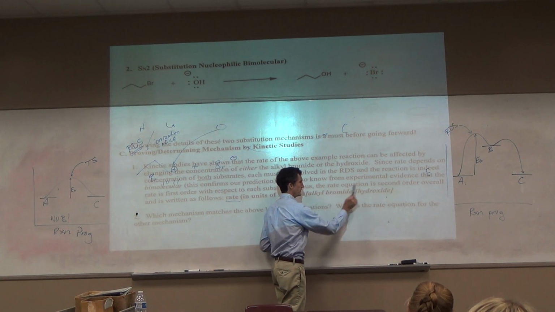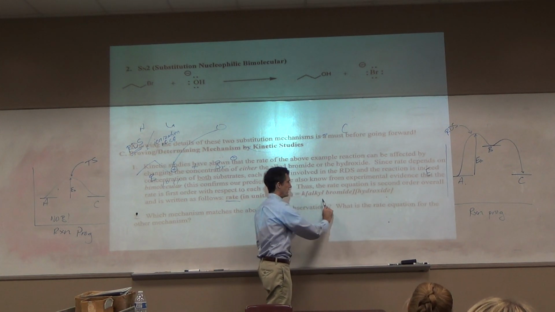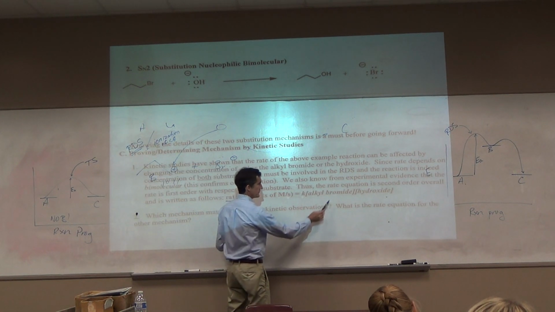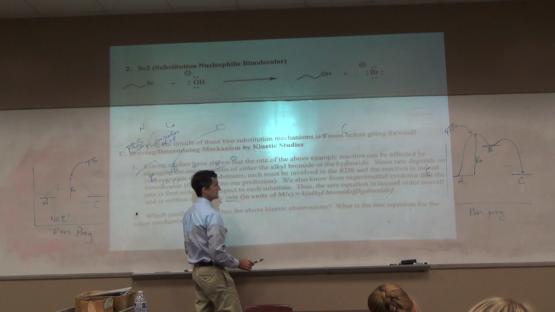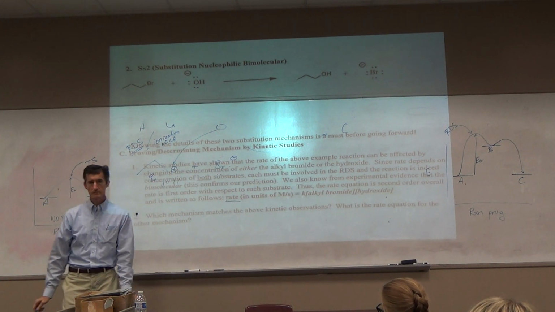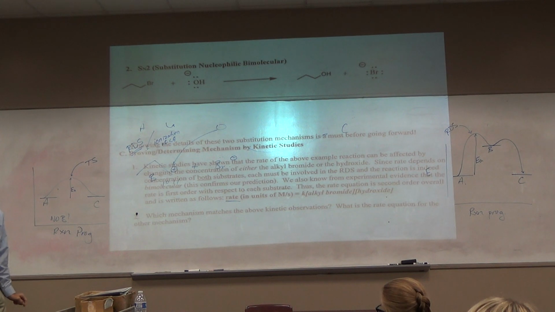They're both involved in the rate determining step, so they're both involved in the rate equation. If you double this, you're going to double the rate. If you double both, you will quadruple the rate. Yeah?